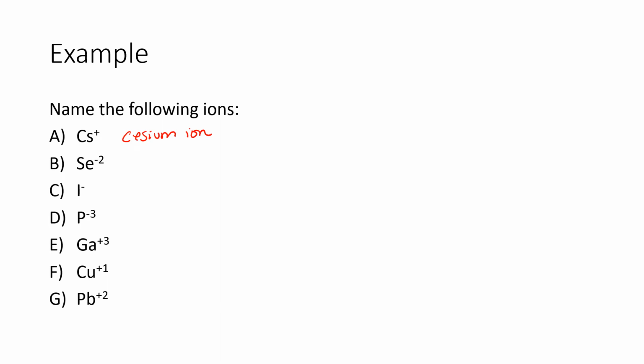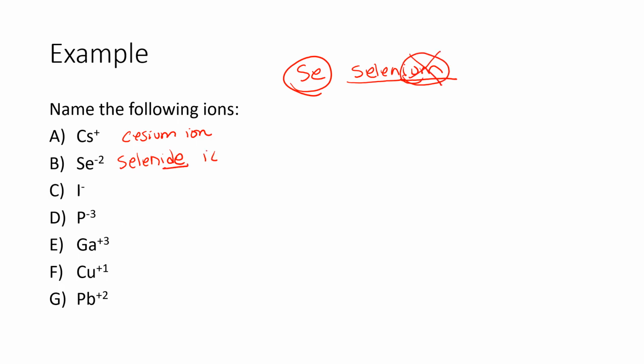If you look at it and you were talking about just this, guys, this is selenium. If I say selenium, I am referring just to the neutral selenium atom. But remember, I'm going to change the ending to an "ide" ending. So I'm going to say this is the selenide. We're changing this and putting the "ide" ending and putting ion.